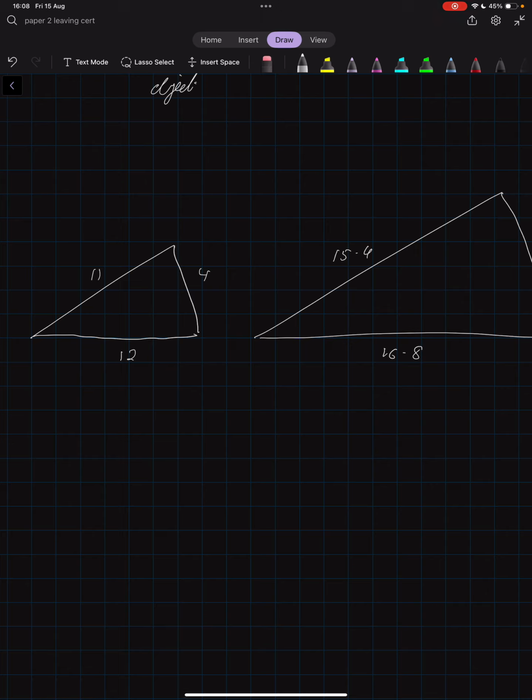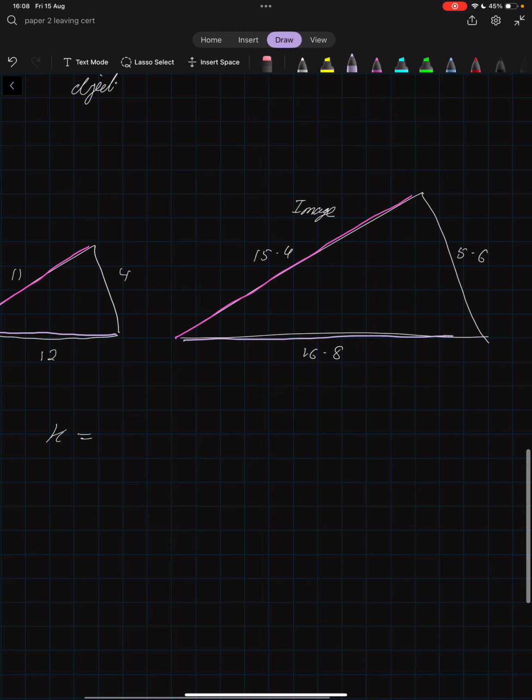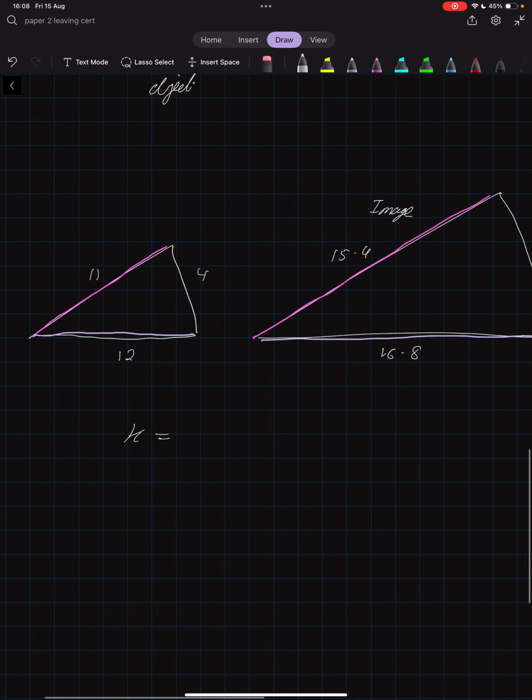Basically, your scale factor you can figure out. So k is basically, so this is the image again. So obviously, this side corresponds to this side. This side corresponds to this side. And then the white side corresponds to the white side. So the scale factor k is always the image side divided by the actual side.